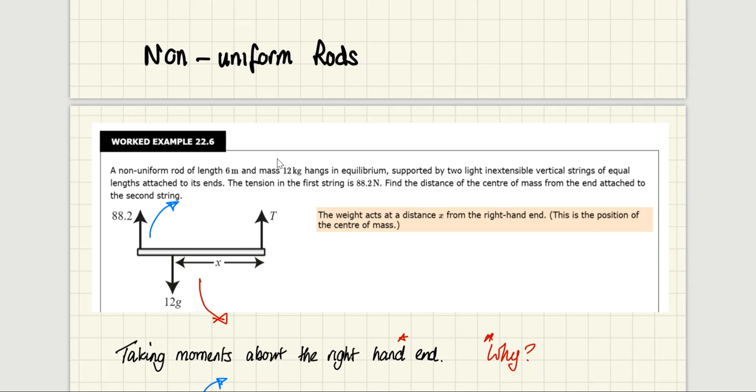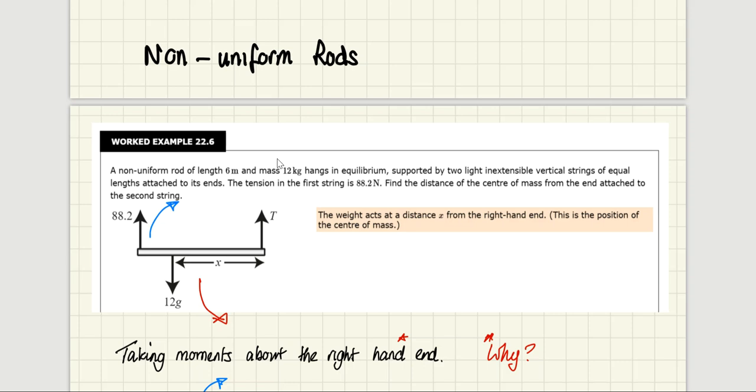All right, so we've got this non-uniform rod, 6 meters long, a mass of 12 kilograms, hanging in equilibrium, supported by two light, inextensible vertical strings of equal length attached to its ends. The tension in the first string is 88.2. Is the tension in the other string also 88.2? No. Why not?